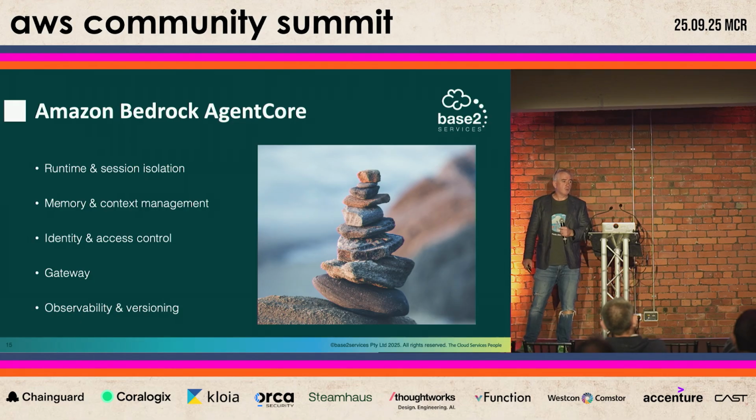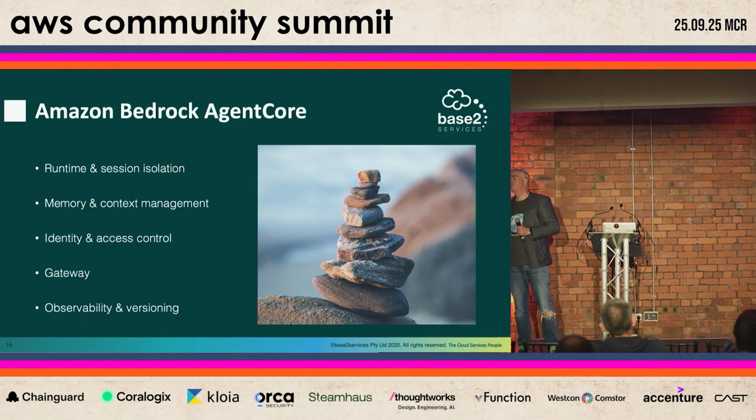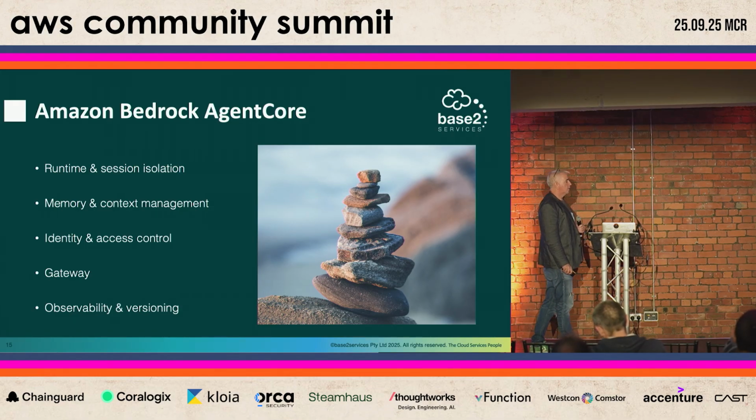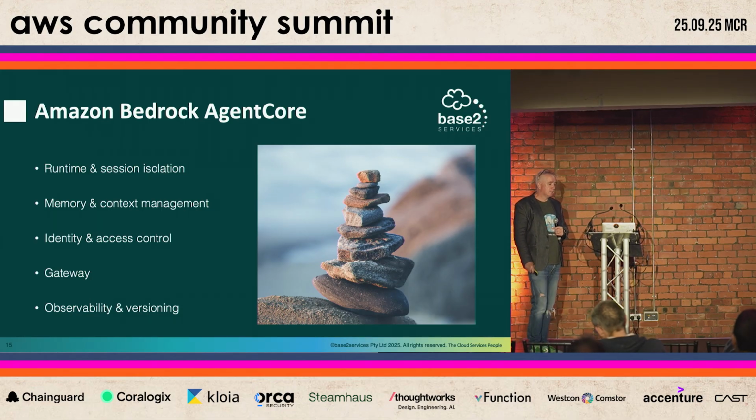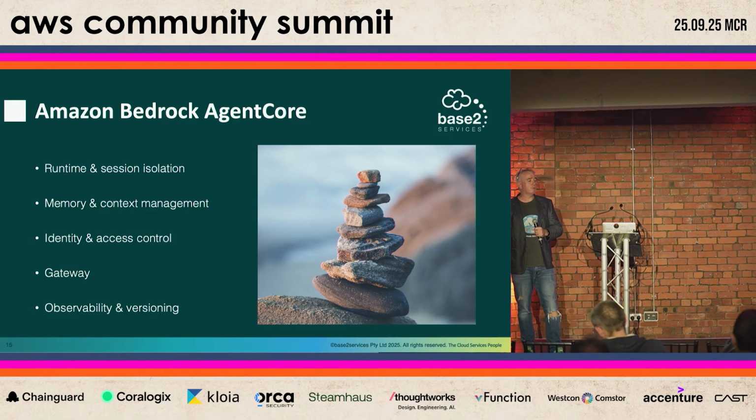Typically what you want to do is build some kind of memory or context, right? Persisted context. With Strands, if you want to do that, you have to hook up a memory solution. You can integrate that with DynamoDB and other solutions as well, S3 and things like that, to store that history. But you had to do all that work yourself, right? You had to build that and wire that up yourself.